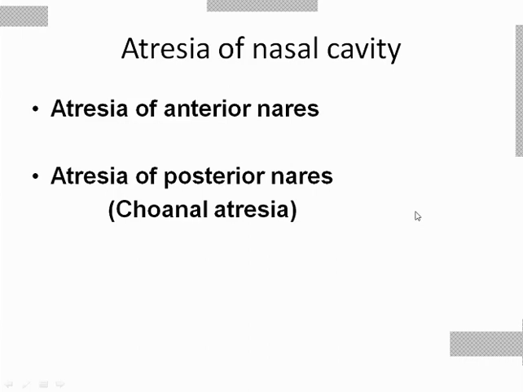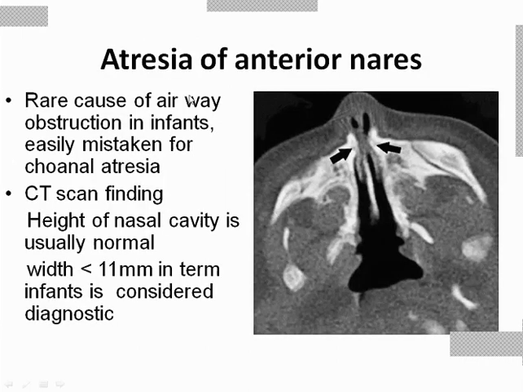So atresia there. You see the atretic anterior nares. There is no canalization. There is a mesenchymal overgrowth and then calcification, and the anterior nares is very, very closed. In fact, it is easily mistaken, because anteriorly you can see normally, but here it is bony atresia.